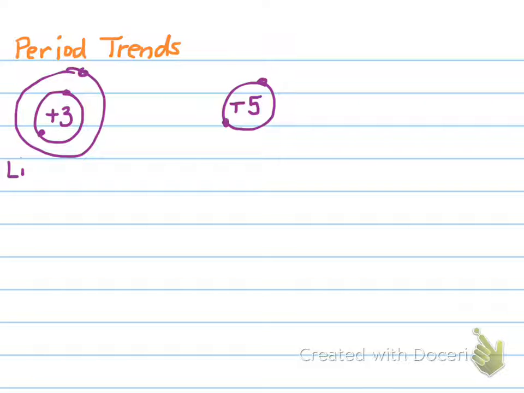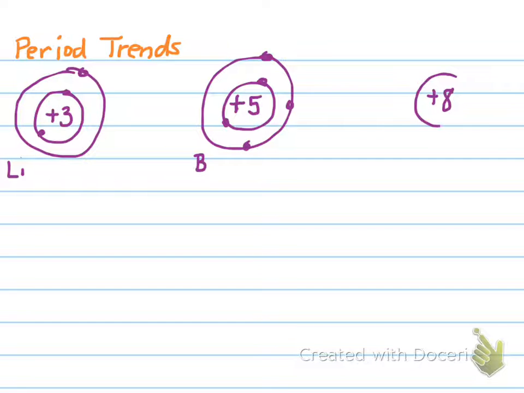So 2 electrons and then 3. Okay, so this is boron. And then we can also look at oxygen, which is +8. So we have 2 electrons and then 6 electrons.